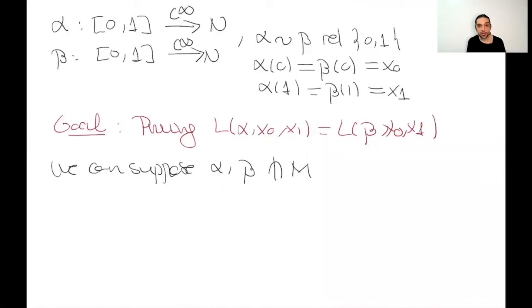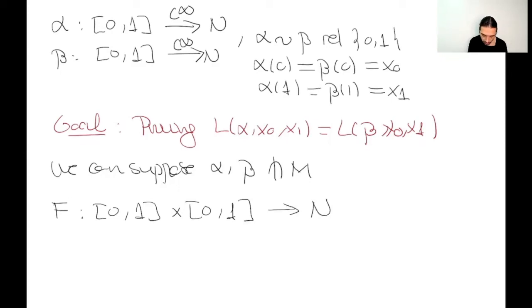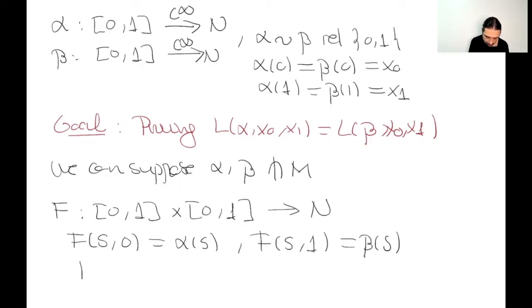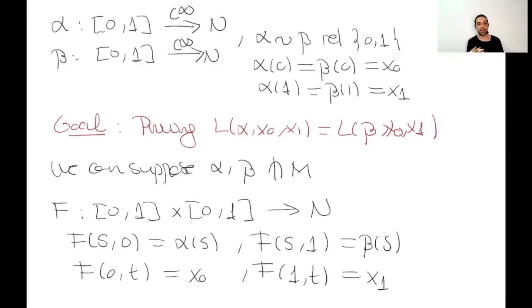Okay, we can consider now the homotopy between these two paths, right? And this homotopy is going to be a continuous map from the square [0,1]^2 to M, such that f(s,0) is alpha(s), f(s,1) is beta(s), f(0,t) is x0, and f(1,t) is x1 for every s and every t.